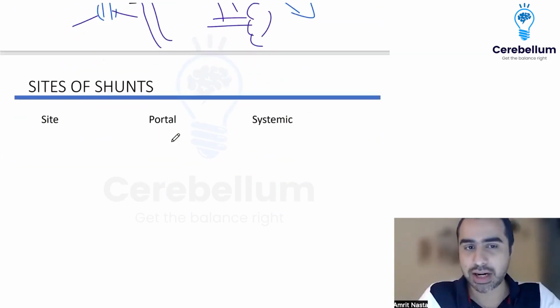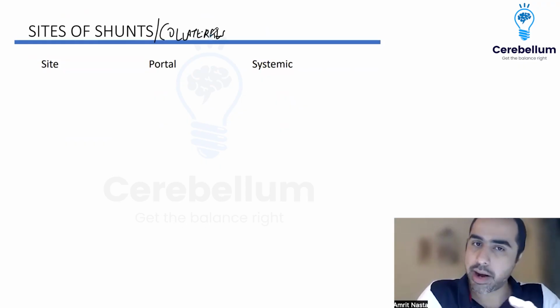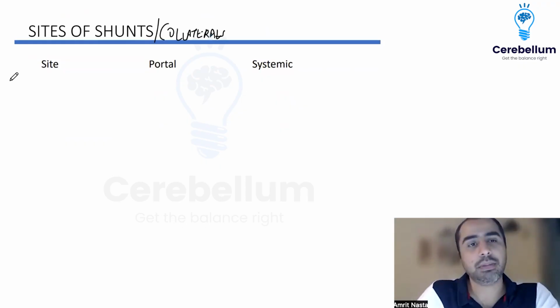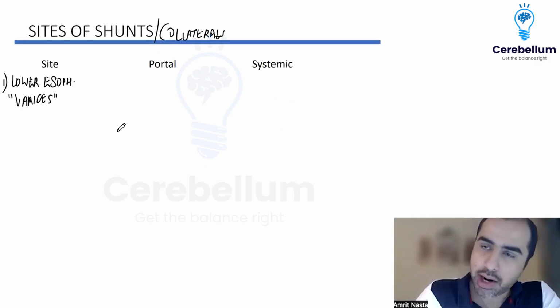So what you need to understand is where are these collaterals happening? Sites of shunts or collaterals. And what is the effect? The most important are lower esophageal collaterals, which we call the esophageal varices. So where are they coming from?